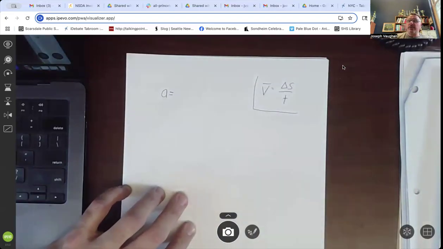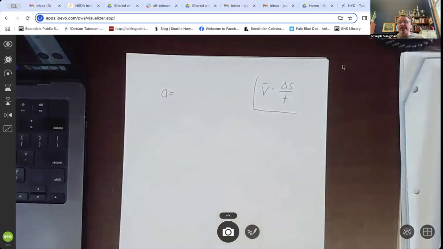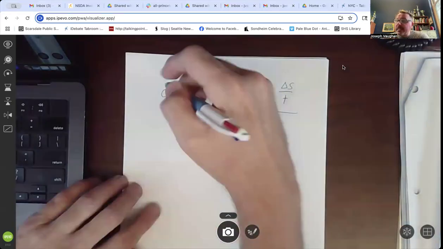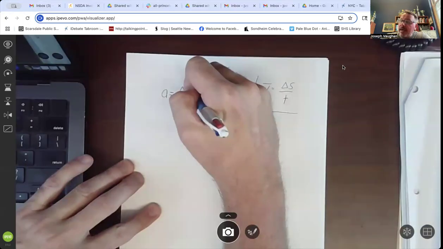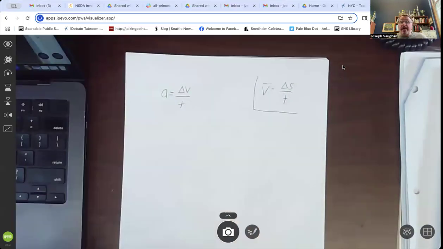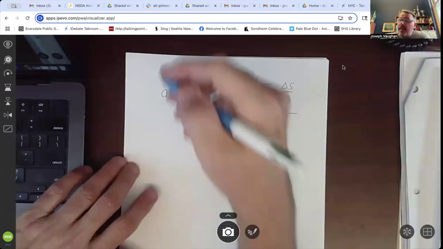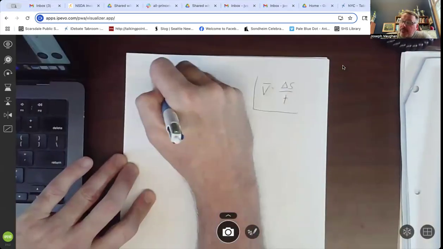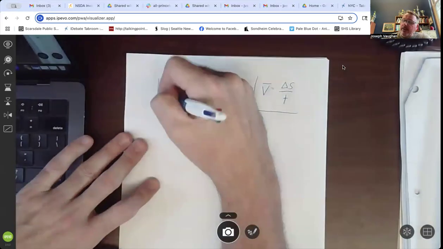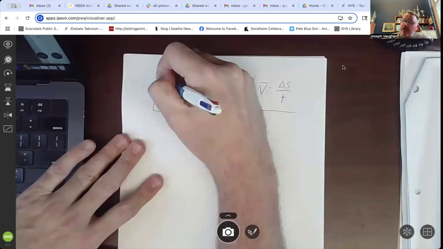Or delta S over t. Well, now that I'm talking about acceleration, this is the rate of change of velocity. So hopefully you can see that a similar type of equation is going to evolve. Since it's a rate, we're going to have definitely a ratio here, and then the denominator of that ratio is going to be time. And I'm going to put some vector symbols on that to make that good. So there we go.